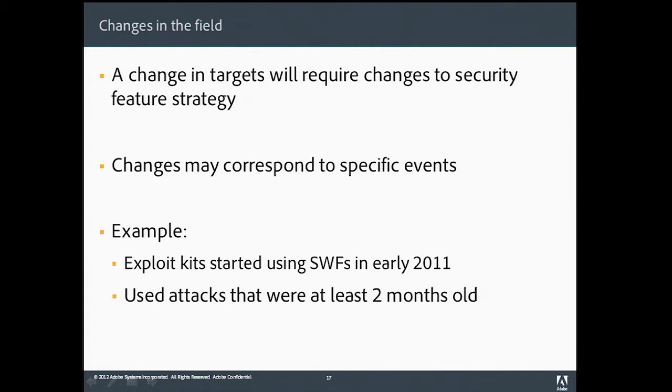And I said that for the most part, Flash hasn't been used in exploit kits, but for a small period of time in 2011, it was being used somewhat heavily in exploit kits, and they were all using attacks that were 2 months old, right? They were targeting people who had out-of-date software by at least 2 months.